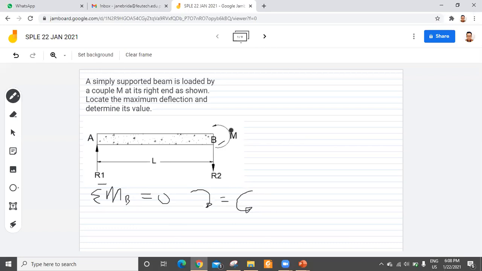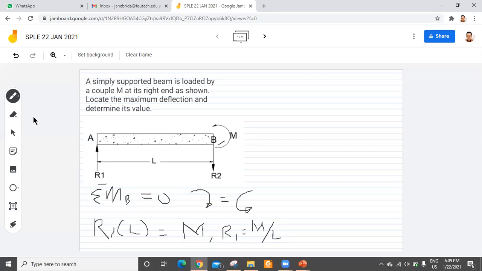So take moment tayo dito sa B, you have R1 times L is equal to M, which is counterclockwise. No more moment arm kasi moment na siya. So therefore, R1 is equal to M over L. Okay, so we have our reaction.